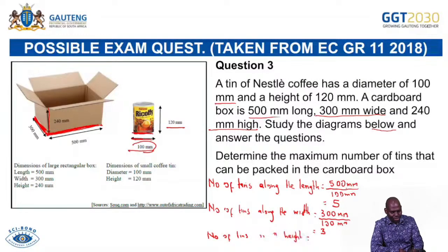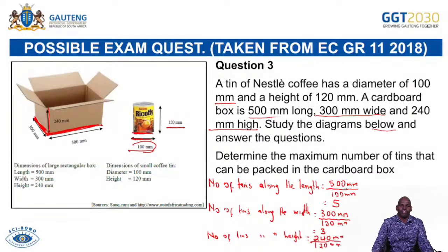Now, along the height, we just take 240 millimeters. We divide it by 120. So 240 divided by 120, it must give you, of course, 2. So the answer there is 2.